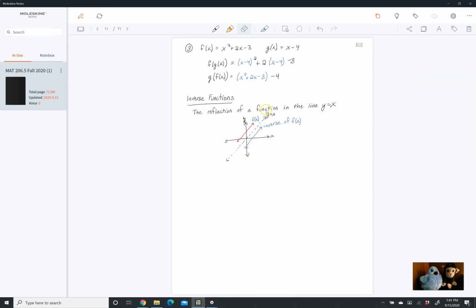So inverse of f of x, the way that we would write it is like this: f with a little -1 of x, okay? So the inverse, this is the function notation for inverse. It's with a little -1. This is said as f inverse of x.